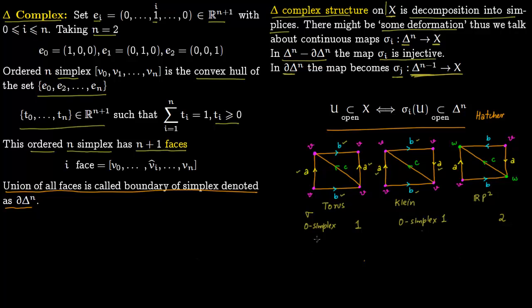Now you talk about the 1-simplices. These are the edges. There are three edges here, A, B, C, and again three edges A, B, C, noting that A is identified with A and B with B. So there are three edges in each case. How many 2-simplices are there?